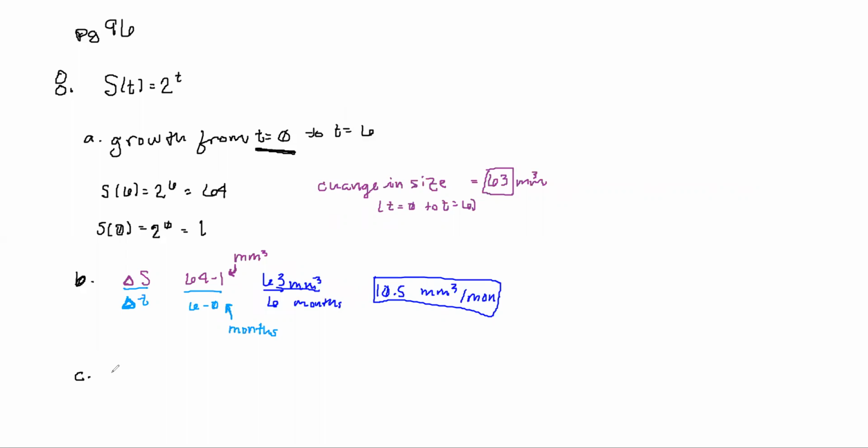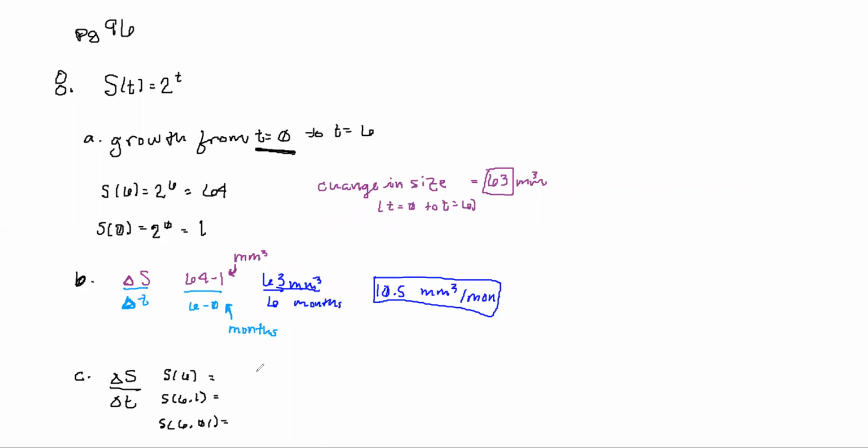Yes. So I'm going to use the same thing, delta S over delta t, and I'm going to approximate. If I have S of 6 and then S of 6.1, I can also find S of 6.01, and that is going to be very, very similar to S of 6.